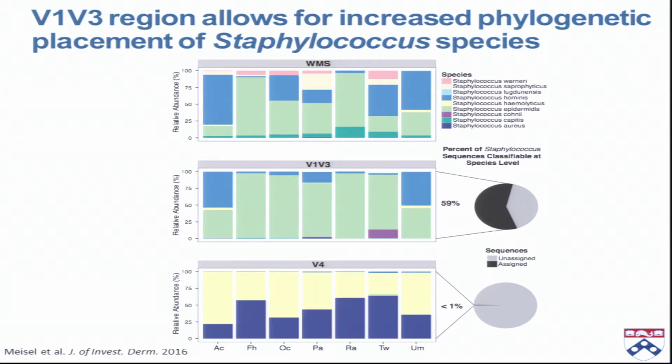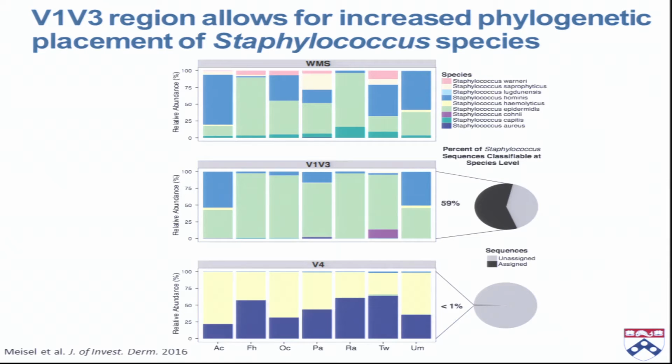Now with V1, V3 region, you can reliably place about 60% of those staph sequences to the species level, although it does not perfectly recapitulate what we see with whole metagenome shotgun sequencing. In fact, it seems like it cannot place the Staphylococcus warneri, so there are some limitations to this type of placement.